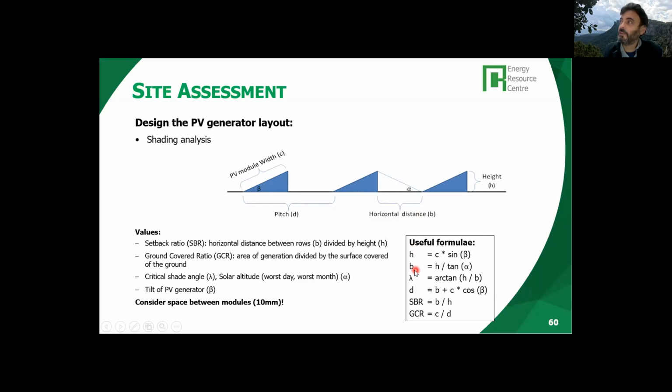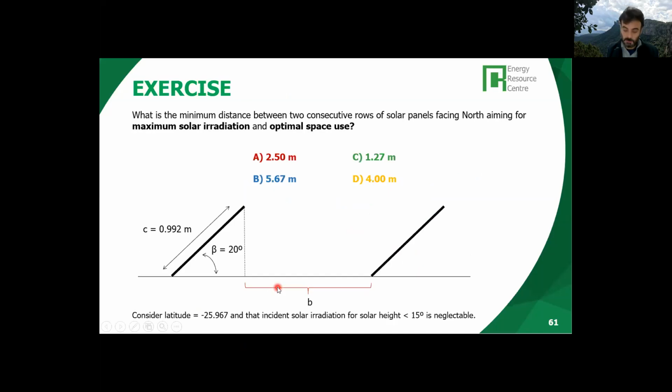This is the formula. B, you need to find the H, the tangent for alpha. Alpha being the minimum solar altitude we want to consider. Any suggestions, any ideas?